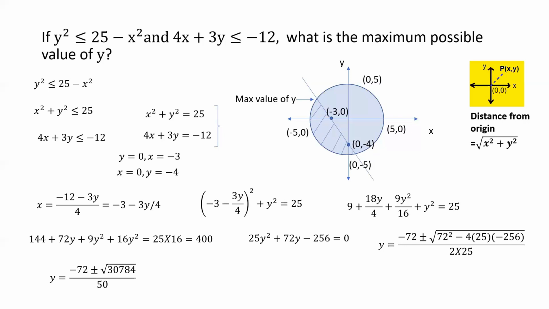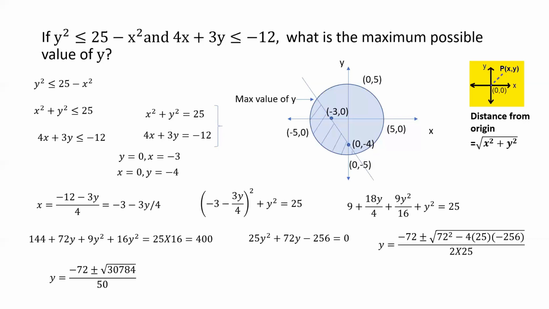Now we have two values of y. One is clearly more negative than the other, and that's probably the lower point where the line intersects the circle. So we aren't interested in that point because the upper value of y is the maximum value. We're interested in that upper value of y, which, at least from the graph, appears to be positive.